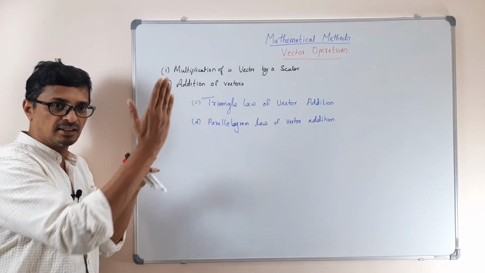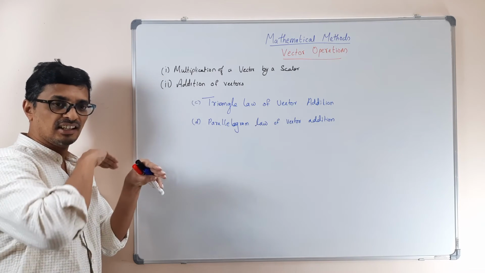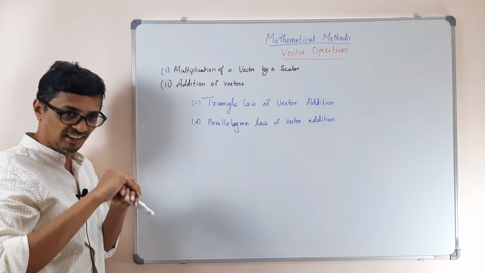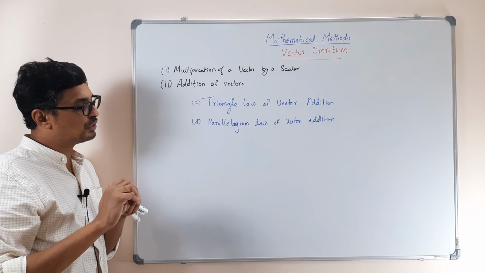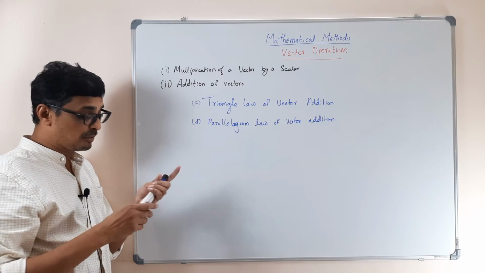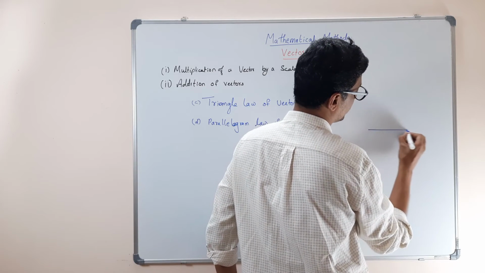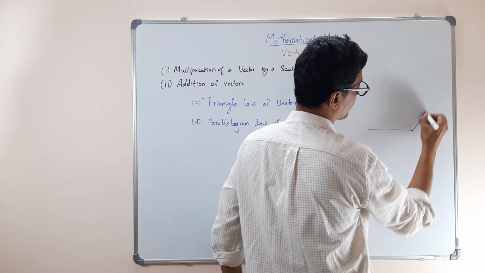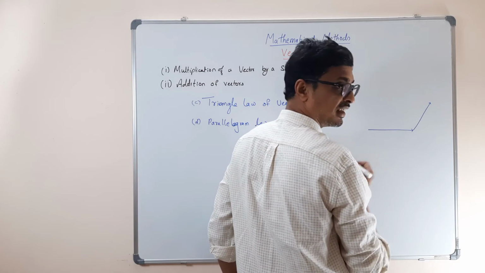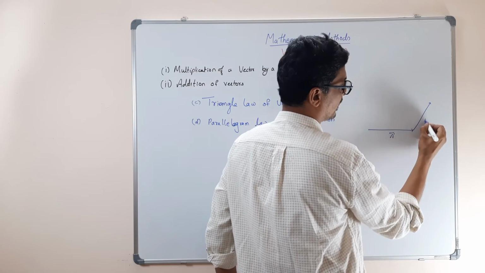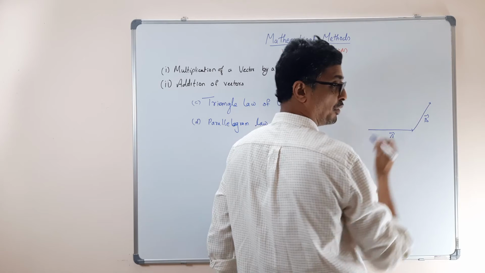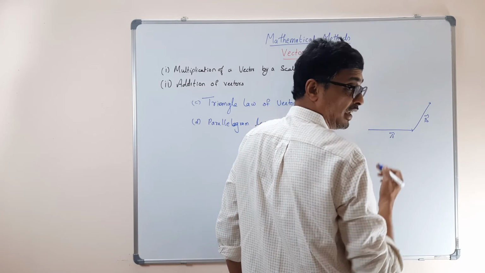When two vectors can be written as two sides of a triangle, then the resultant vector will be the third side of the triangle. Correct? But if you remember, what is the figure we drew? We took one vector like this and another vector like this. Correct? This is A vector and this is B vector. We had done the A plus B vector. It is not always the case.